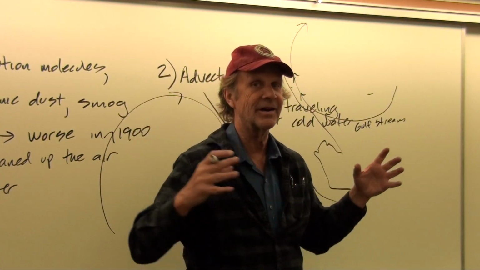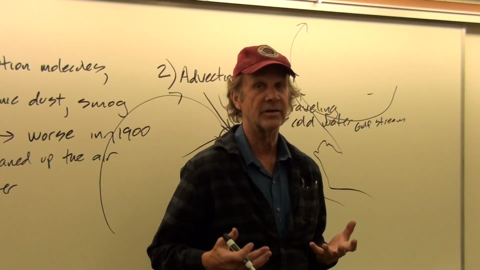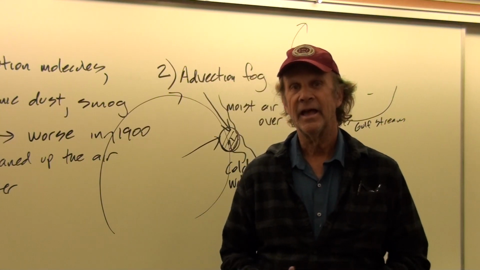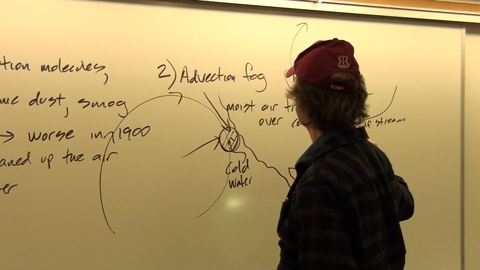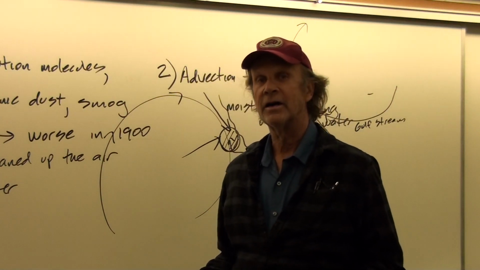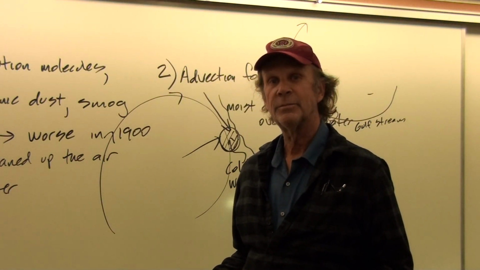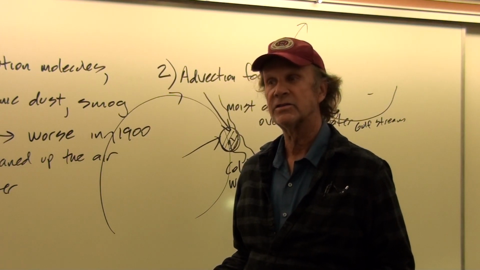And so you can start jamming in more and more water molecules until you reach a point where you have extremely high humidity. And so it gets to the point then on the east coast where you have to jump in the water because it's just too unbearable to be in such a high humidity situation.